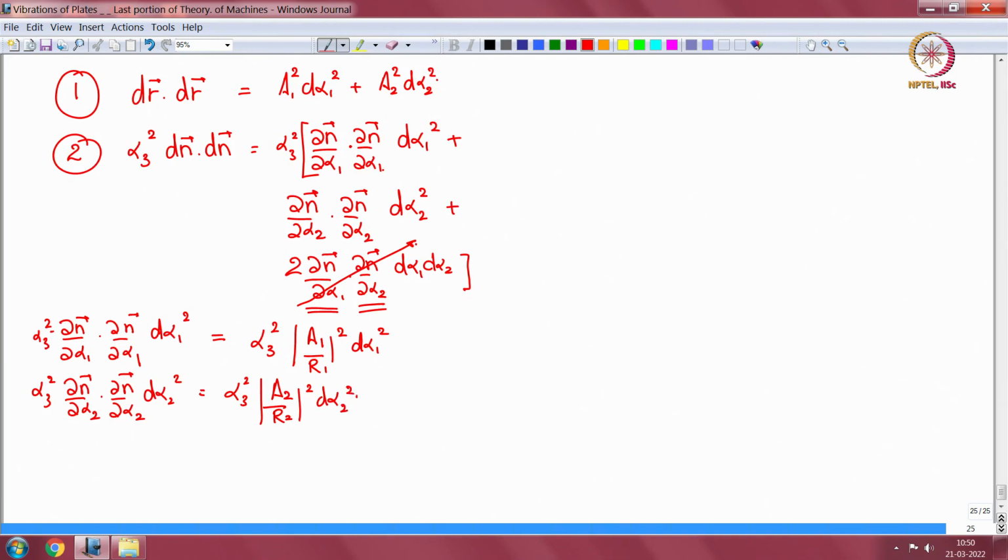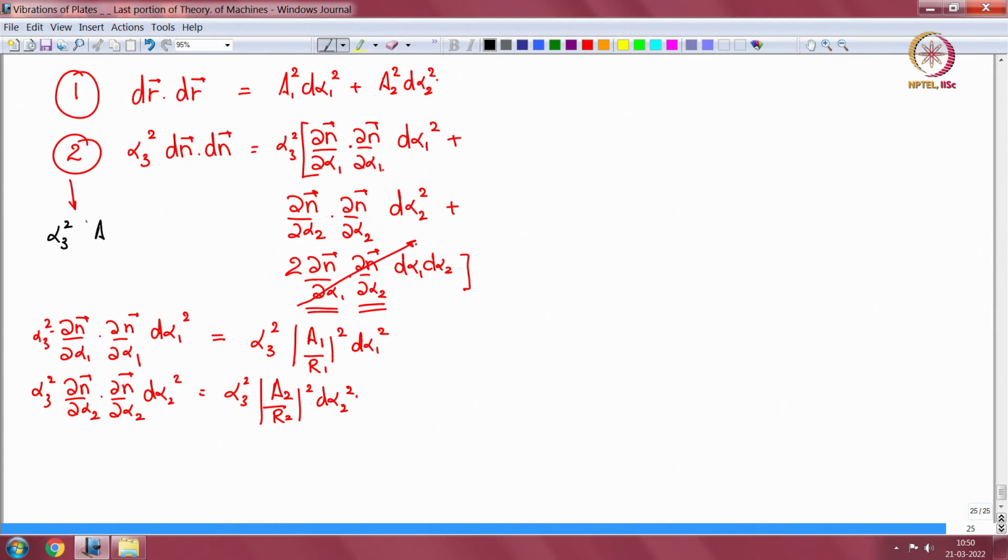Okay. So, let us term 2 here, let me write it, term 2 here is alpha 3 squared, these are positive anyway.